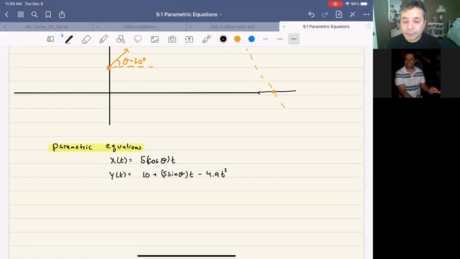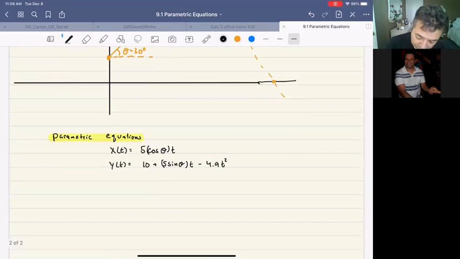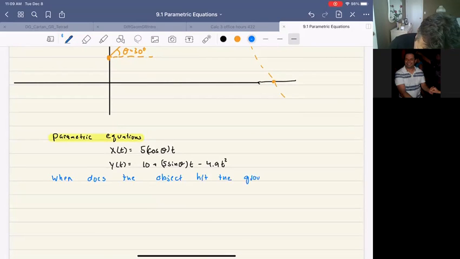Okay, now we need to find when this thing hits the ground, right? When does the object hit the ground?